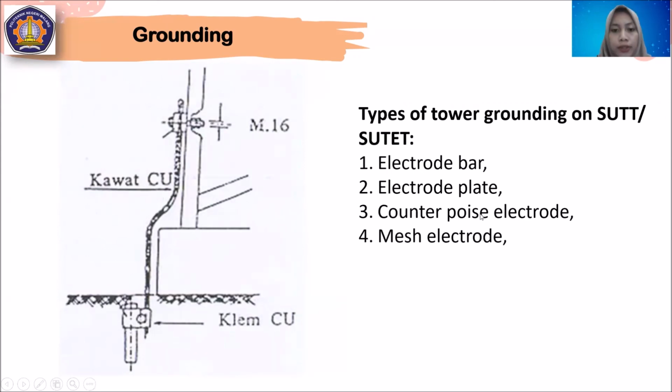And 3, counterpoise electrode, with a conductor that is laid horizontally in the ground. And then the last, mesh electrode, which is a number of conductors that are laid horizontally in the ground, which is generally suitable for slope areas.